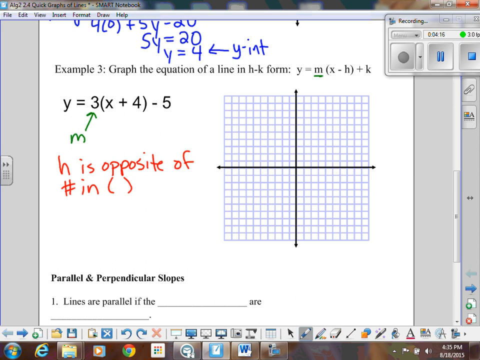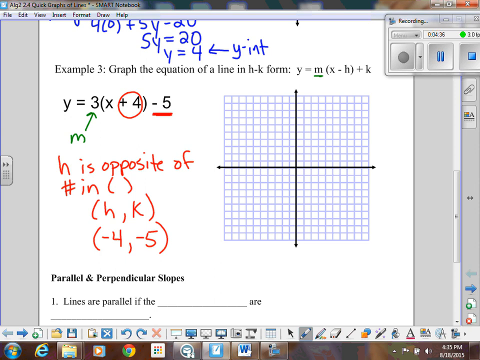So here my h comma k is going to be -4. It's -4 because in my equation it was +4. The k stays exactly the same, so my k is -5.